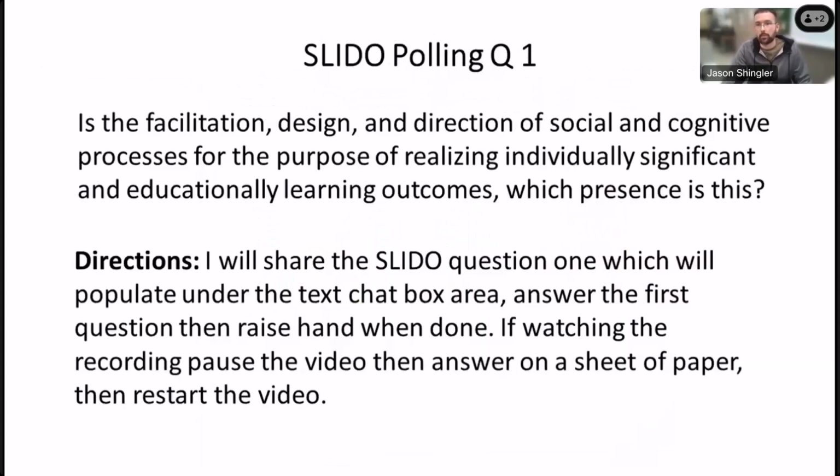So I am going to share the Slido polling. I shared the first one. The first question is: the facilitation, design, and direction of social and cognitive processes for the purpose of realizing individual significant and educational learning outcomes is which presence?